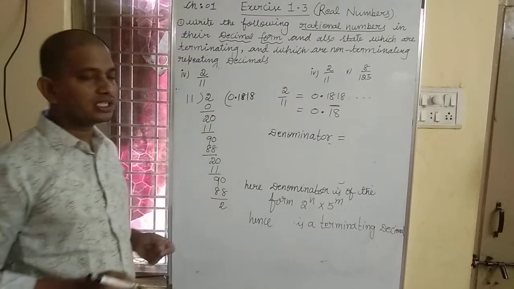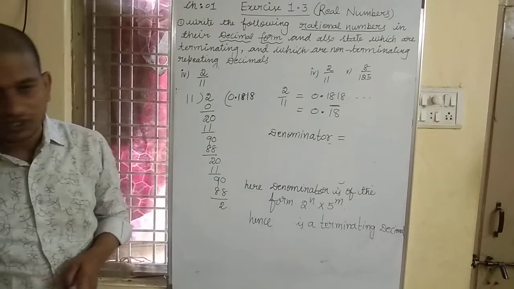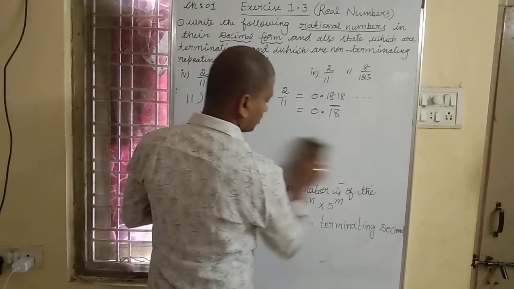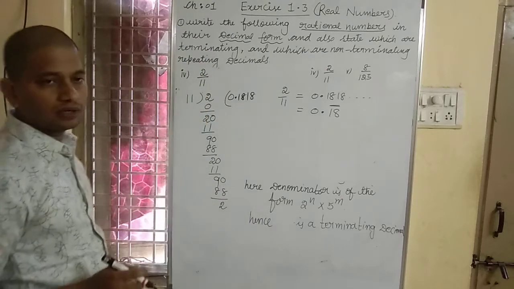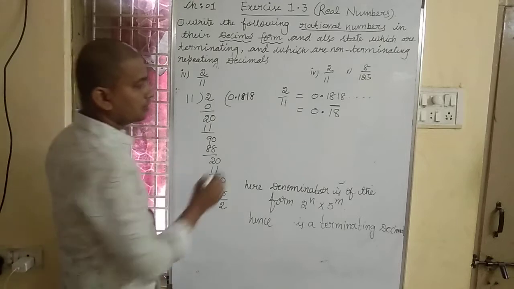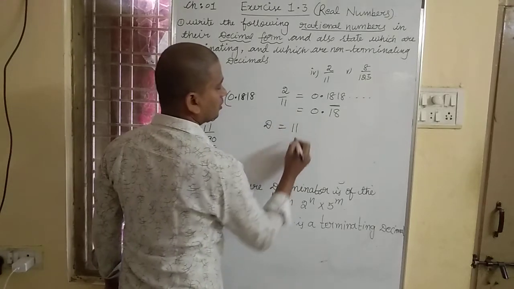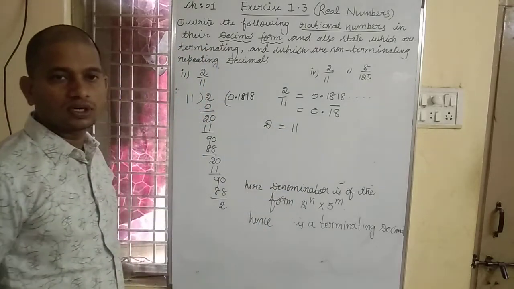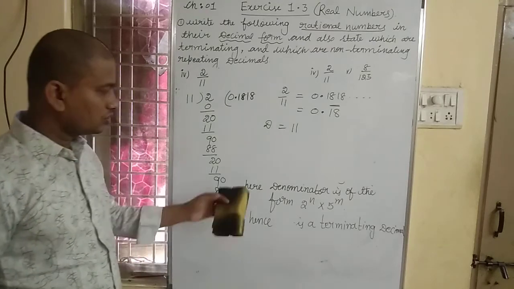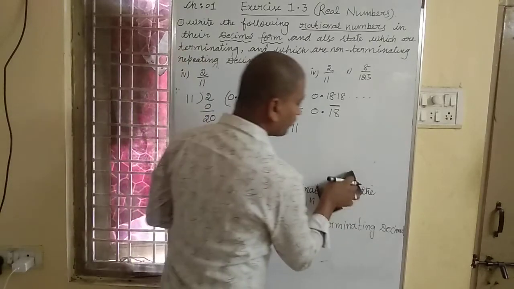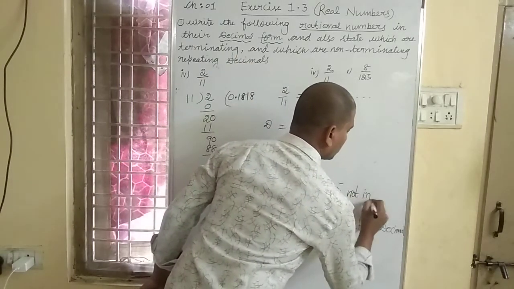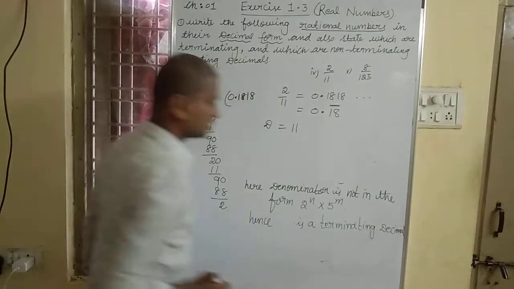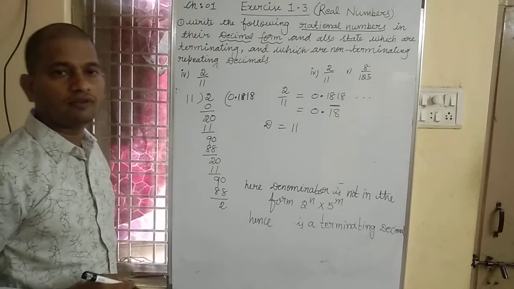So is it a terminating decimal? No. It is a non-terminating decimal. Let us see what the denominator is here. Denominator is equal to 11. 11 is not in the form of 2 power n into 5 power m.